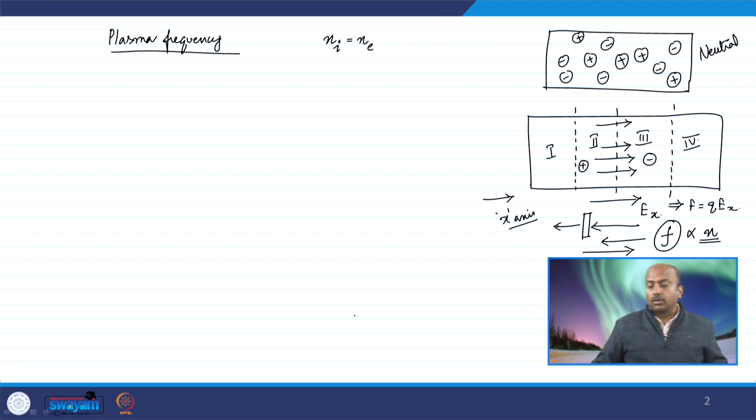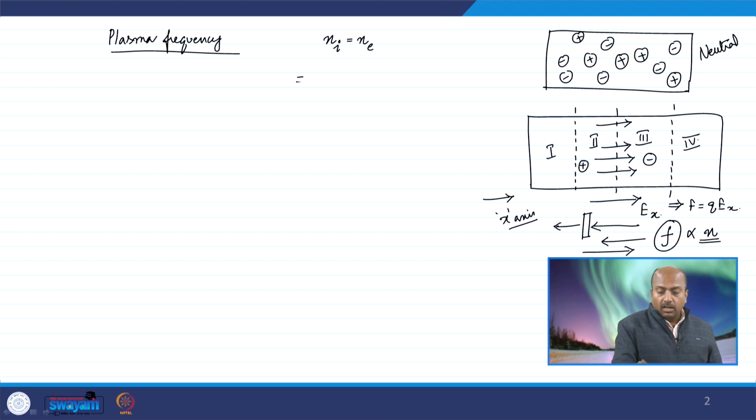The physical picture, or the thought experiment, is simple. Now, the electrons are being pulled and some restoring force is trying to bring them back to their original position. Intuitively, we can say that this restoring force will of course depend on the amount of charge that is being displaced.